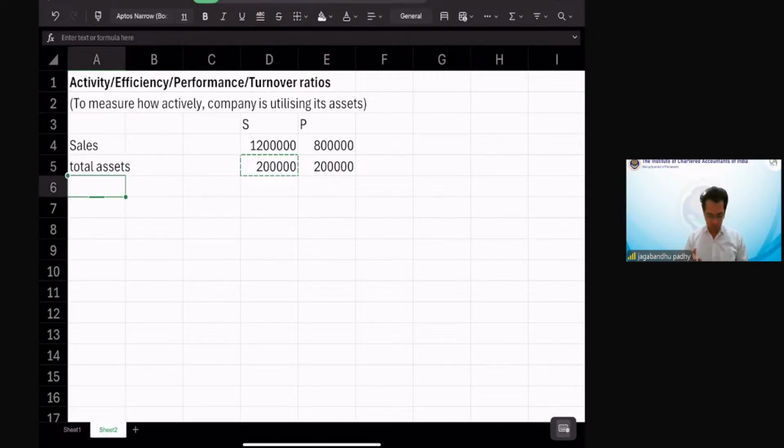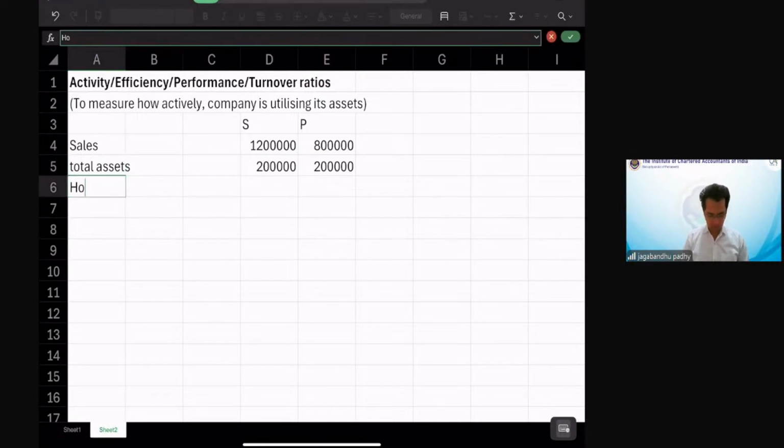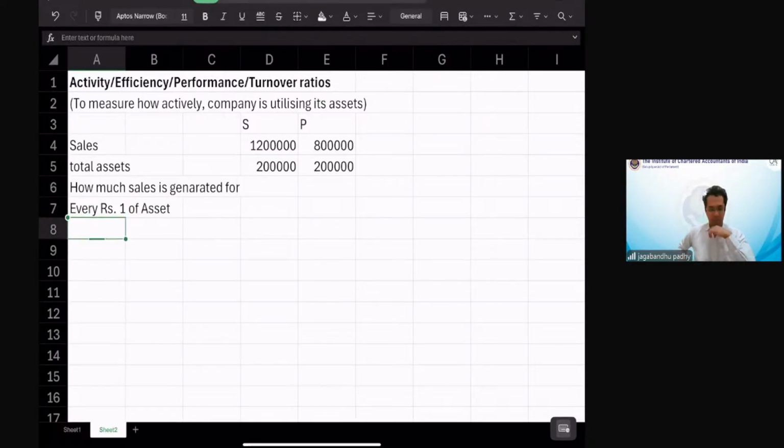So if I ask you one question, how much sales is generated for every rupee of asset? For every 1 rupee of asset, how much sales have been generated?